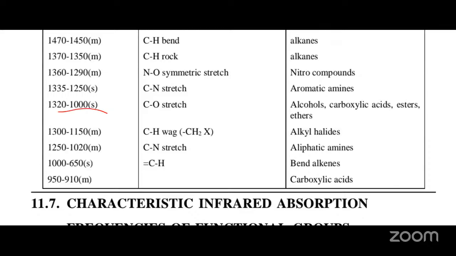It is a characteristic signal to differentiate carboxylic acids, esters, and alcohols. The CN stretching frequency in aliphatic amines is 1250 to 1020. And the double bond CH bending in alkenes is 1000 to 650.